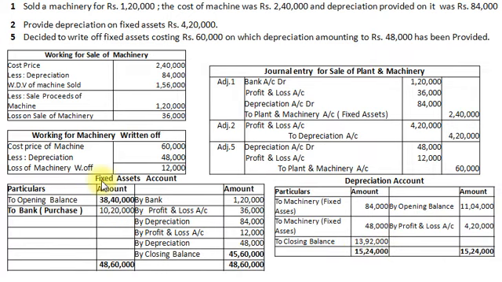Now we will close fixed assets account and we get balancing figure rupees 10,20,000 on debit side. This will be considered as a purchase of machineries, and our accounting entry will be machinery account debit to bank account rupees 10,20,000.